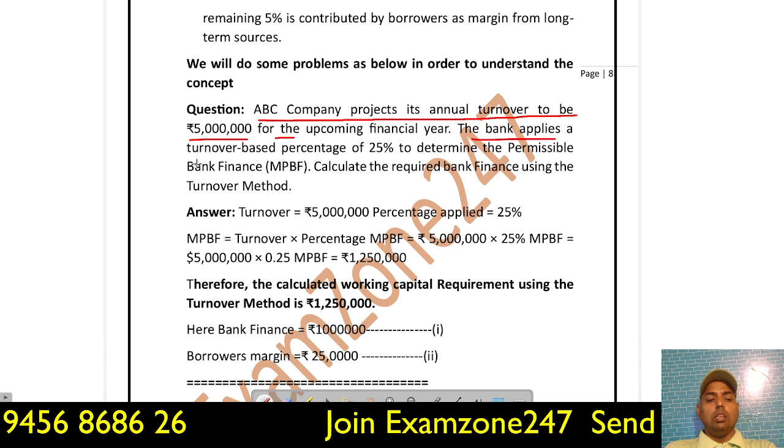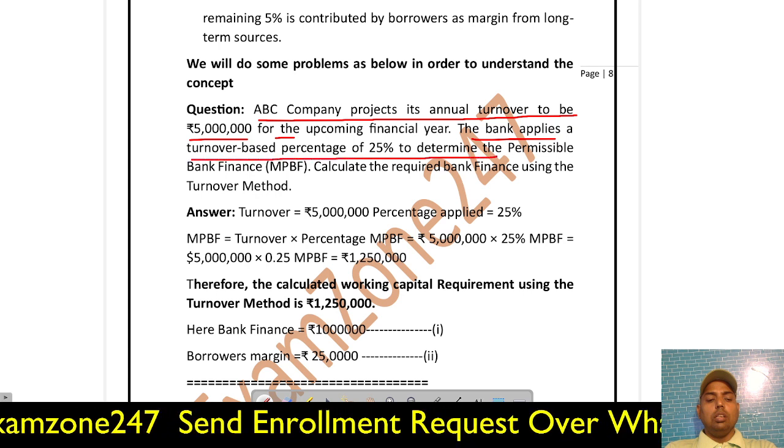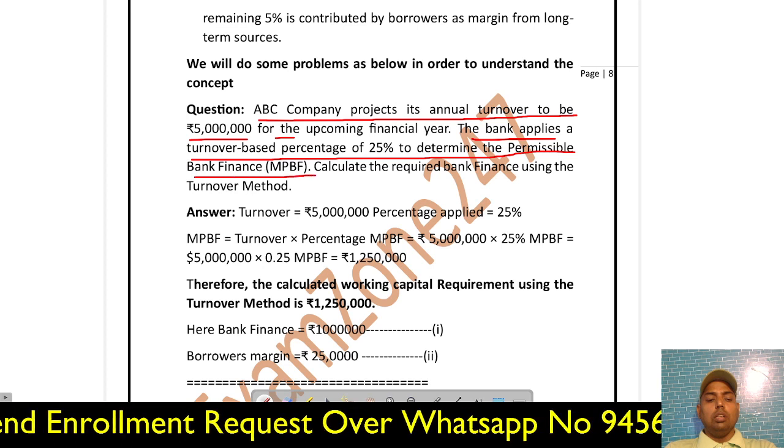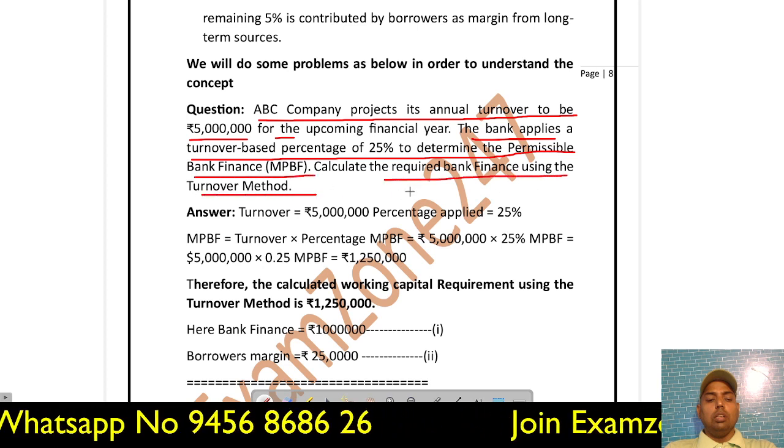The bank applies a turnover based percentage of 25% to determine permissible bank finance. Calculate the required bank finance using the turnover method.